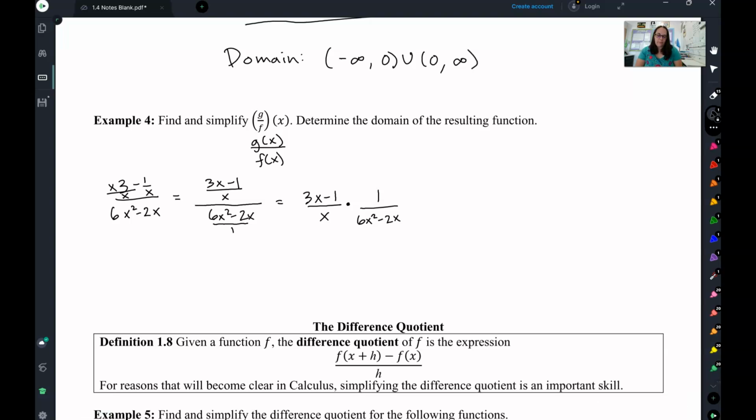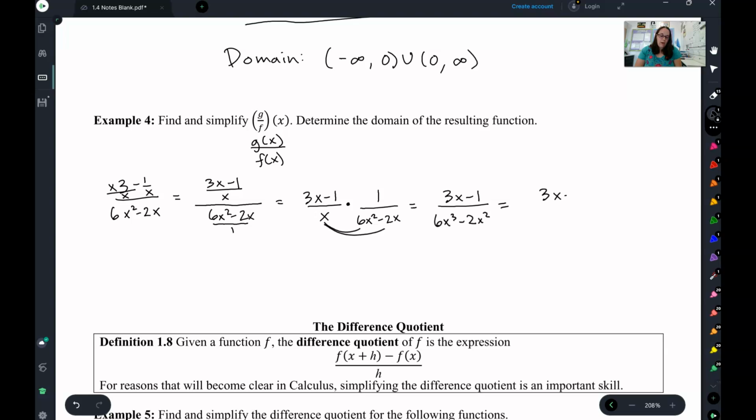That's keep, switch, flip. And now I can just multiply across. So this times 1 is just itself. And for this times this, actually, you know what, for now, I'm going to distribute it in. So 6x cubed minus 2x squared.